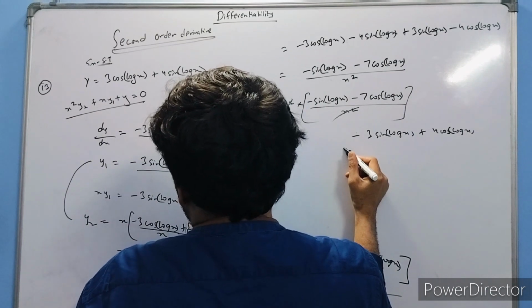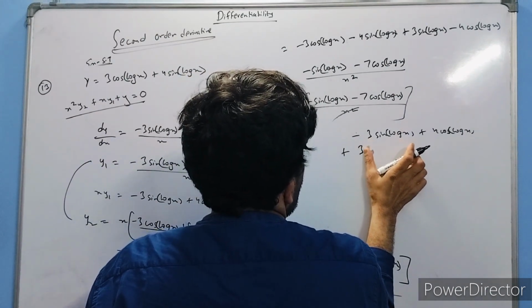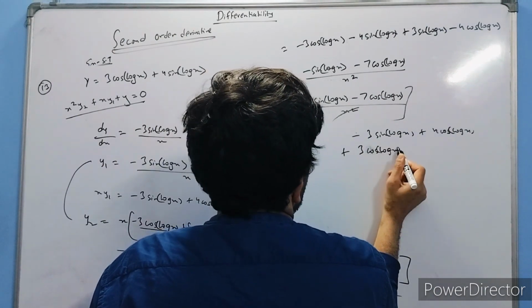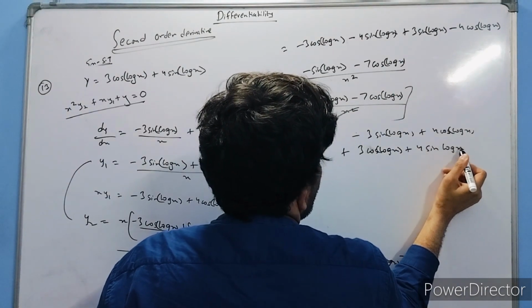What is y here? 3 cos log x plus 4 sine log x.